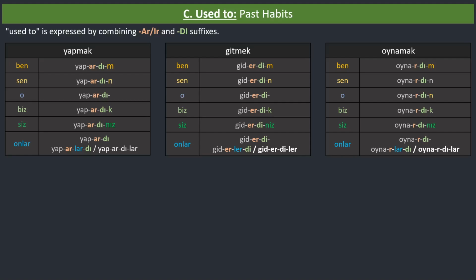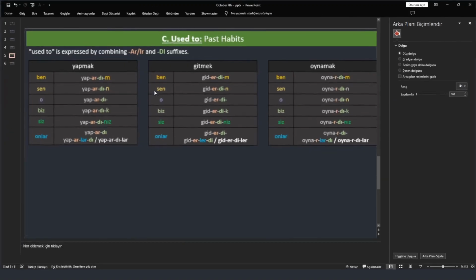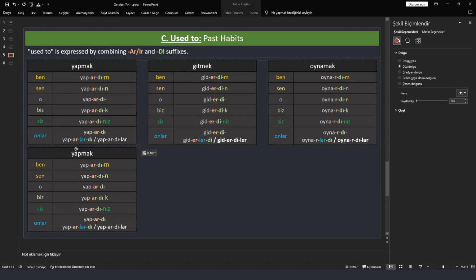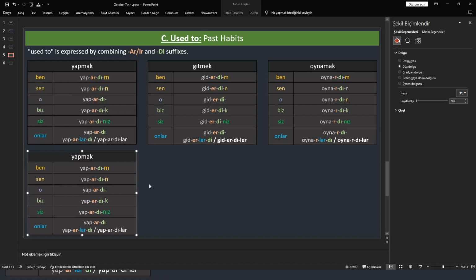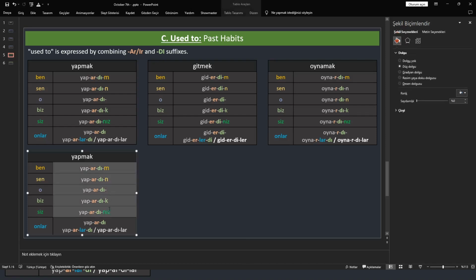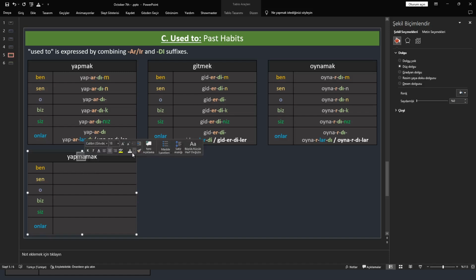Okay, so now let's do this in the negative. I will just change the screen of the stream so you can see what I am doing. I want to show you how it works. Let's do this in the negative way, like yapmak, to not do something.